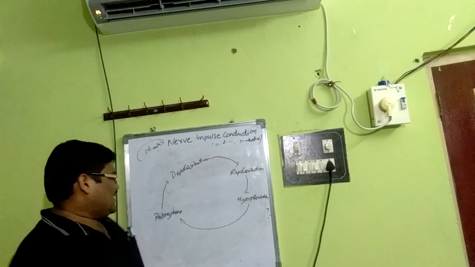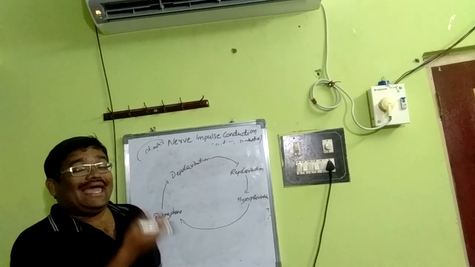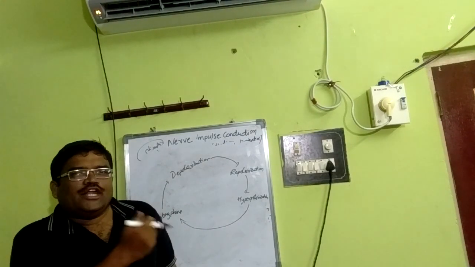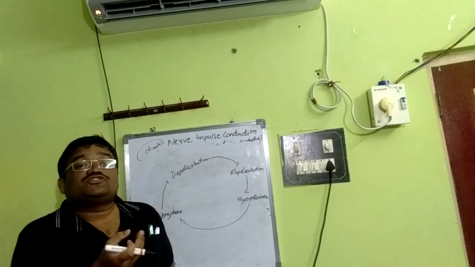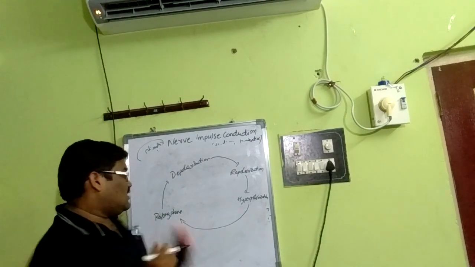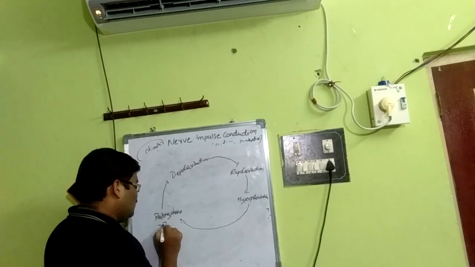Okay, what exactly is the resting phase? I told you already. In the beginning, more negative inside and positive outside, and it has to be measured in terms of millivolts, called minus 70 millivolts.